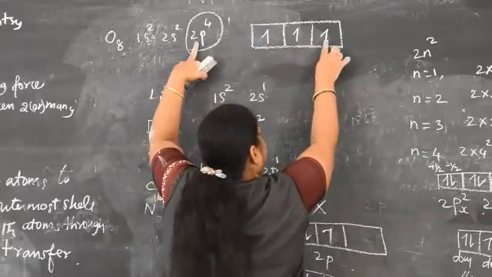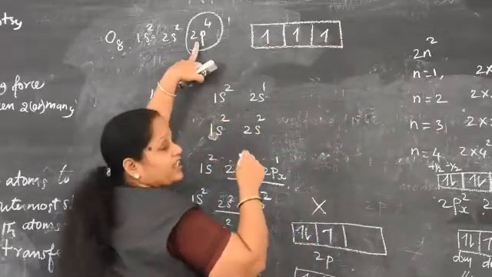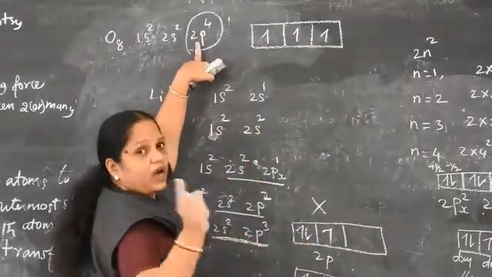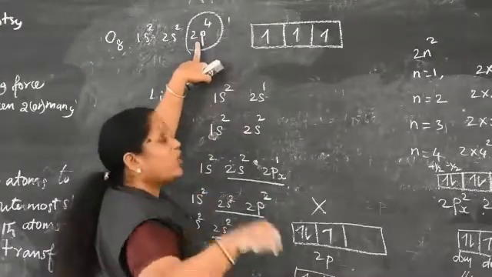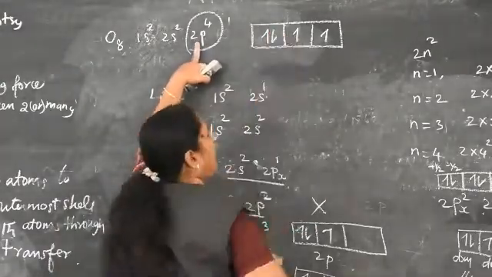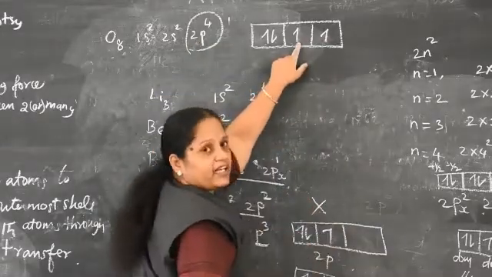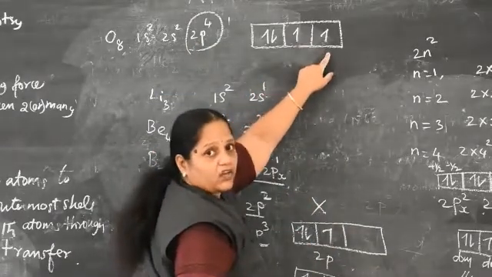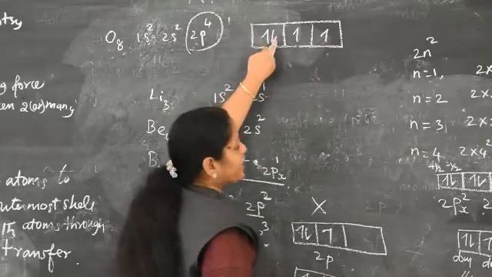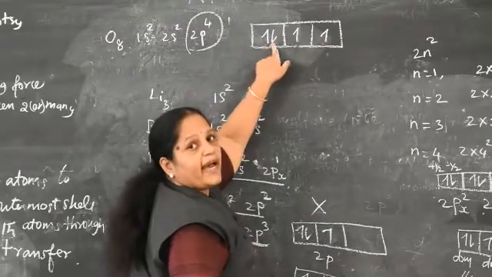After filling the 3 orbitals, 1 more electron remains, and that enters here. After filling with a single electron, these are called single or unpaired electrons. If 2 are present like that, they are referred to as paired electrons.